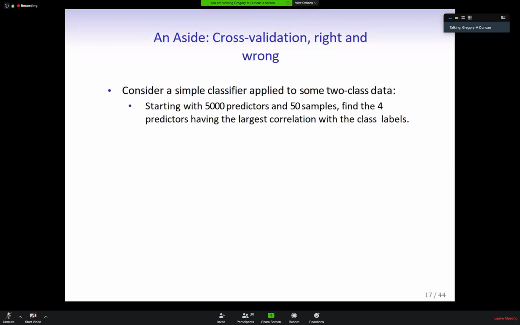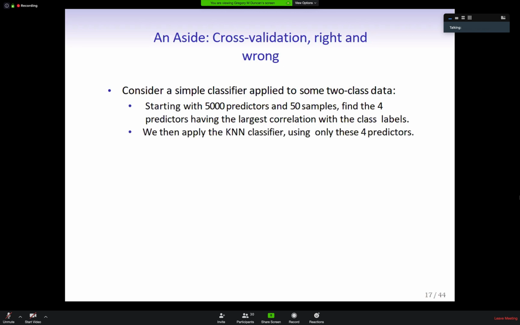Let's say you start with 5,000 predictors and 50 samples and find the 4 predictors that have the largest correlation with class labels. Or alternatively, you start with 5,000 predictors and you find the 4 predictors that have the highest correlation with the dependent variable if you're doing a regression.